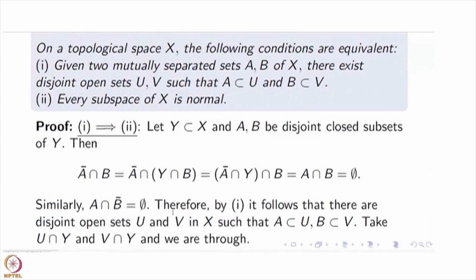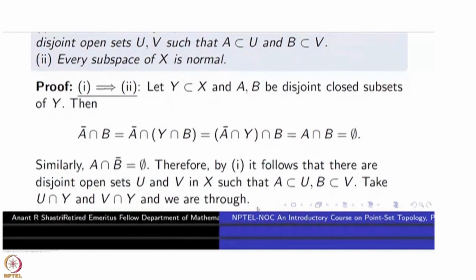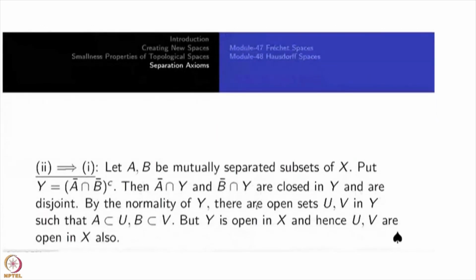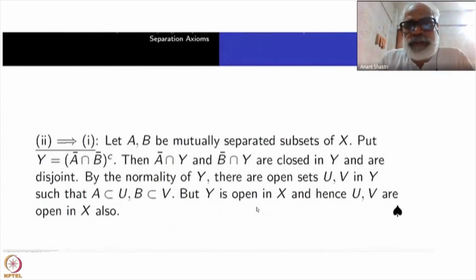Now let us prove the converse. Let A and B be mutually separated subsets of X. Put Y equal to the complement of A bar intersection B bar.